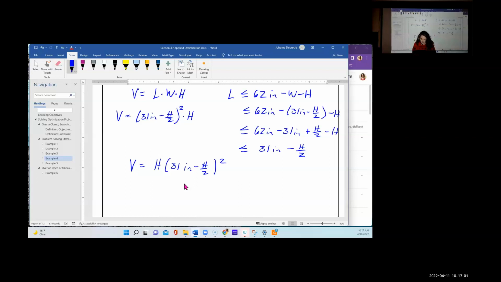We can use the product rule, dV/dH, which is going to be derivative of the first, which is 1, times the second, plus derivative of the second factor, 2 times (31 inches minus H over 2) to the first power, times the derivative of the inside, which would be times a negative 1/2. The derivative of 31 inches is 0, but the derivative of negative H over 2 is negative 1/2.